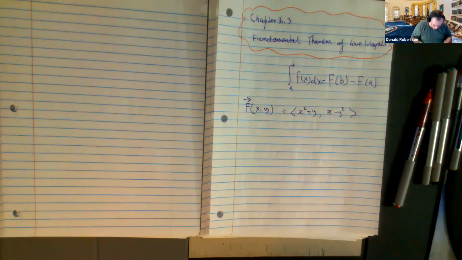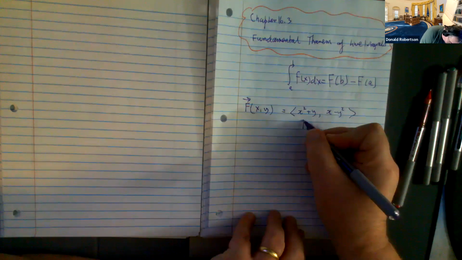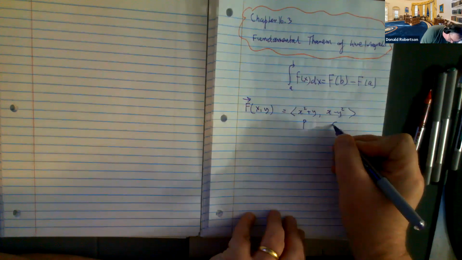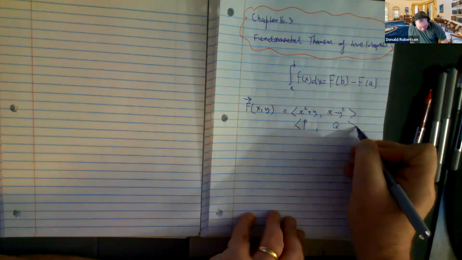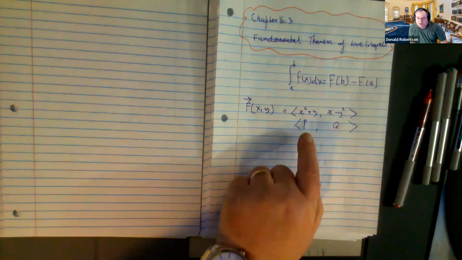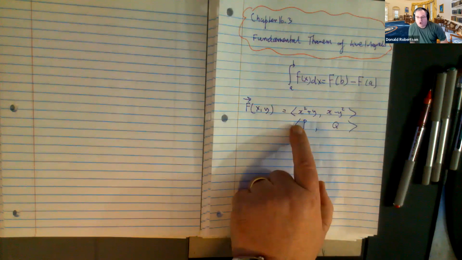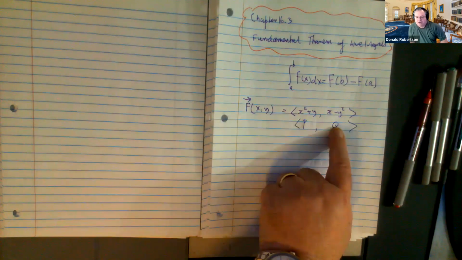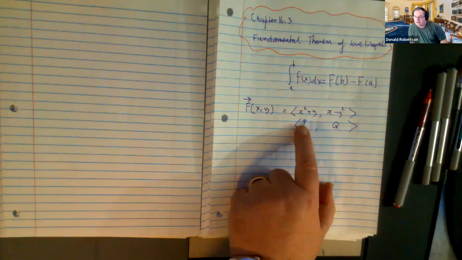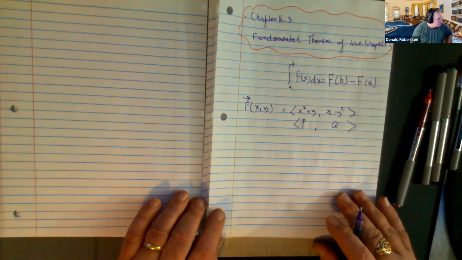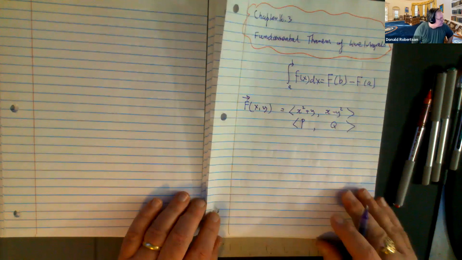Just 2 random functions using x's and y's. We are going to call this guy p all the time, and this guy's q. So whenever I say p, I mean all of this, and whenever I say q, I mean all of this. So p and q are not constants. Aren't p and q just functions of x and y? It's just a convenience, right? So far, so good.